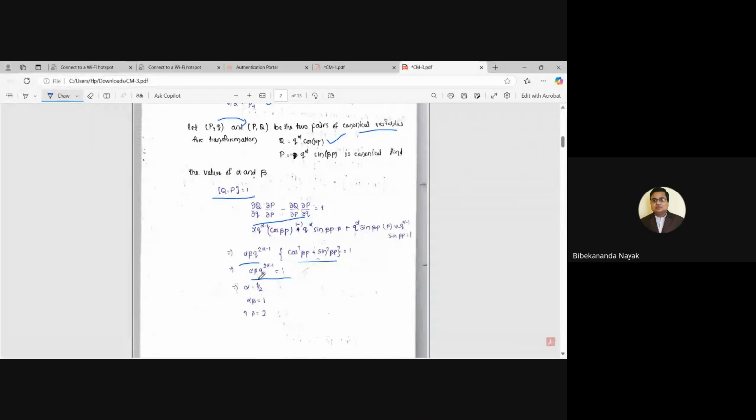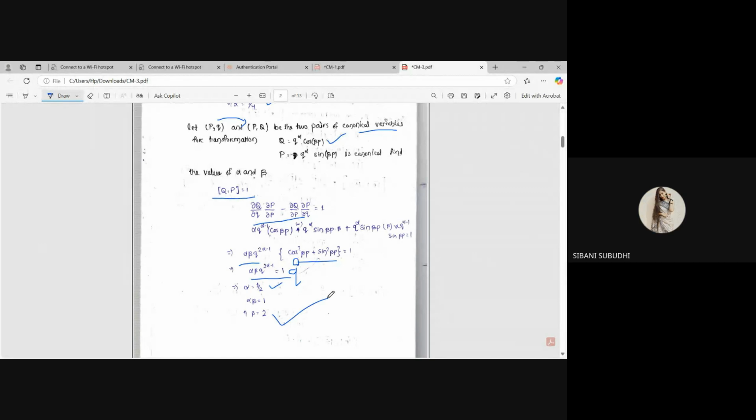It means there is no q dependence, so the power of q is 0. Compare the power of q with the coefficient: the power of q is 2 alpha plus 1. So 2 alpha plus 1 must be equal to 0. That means alpha is minus half. Again alpha times beta must be equal to 1, so beta is equal to 2.